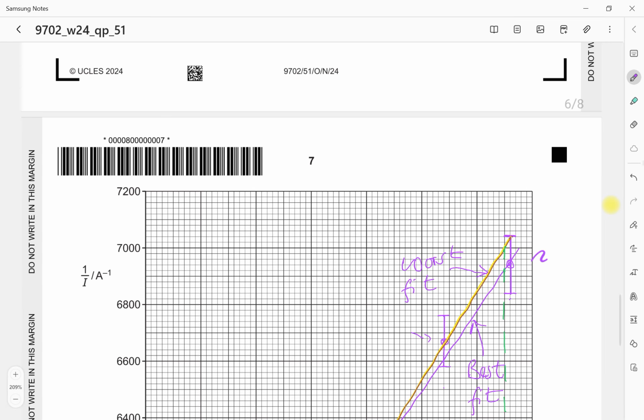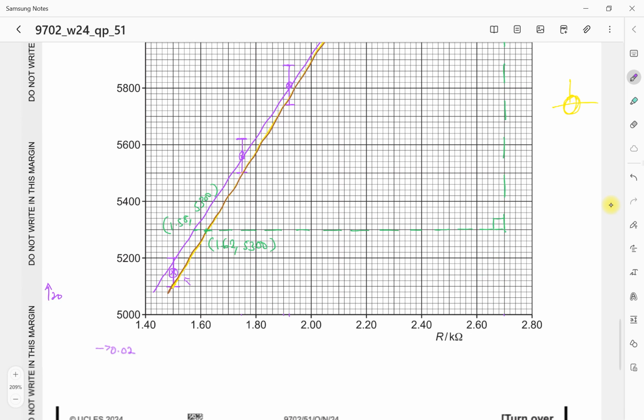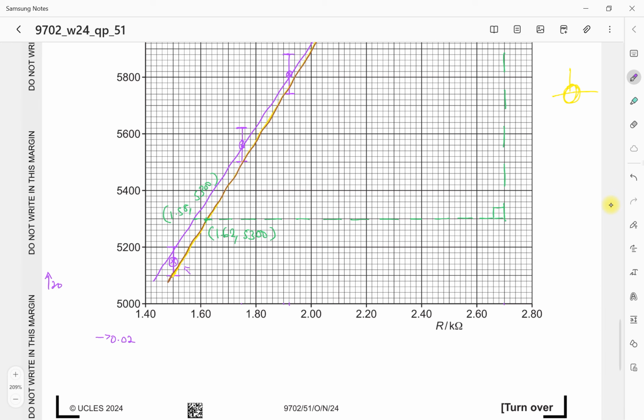For the best fit, I have this point here on the x-axis, that is 2.7. I think it's 2.7 for both.